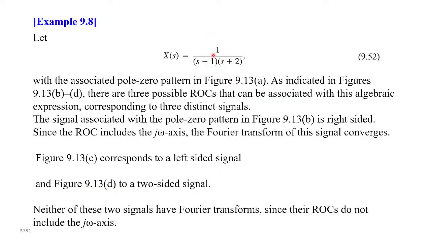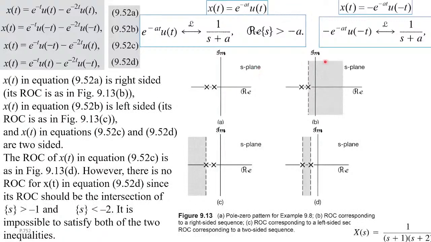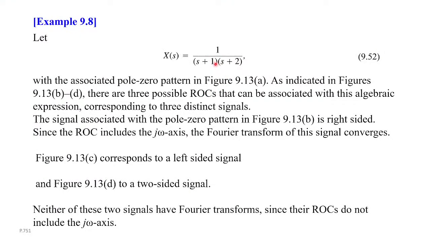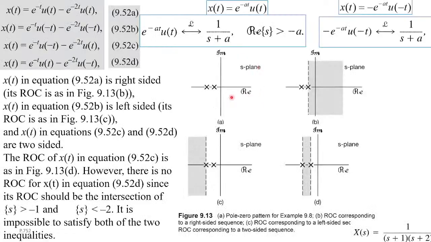So you can do partial fraction expansion of this thing. So it should be 1 over (s+1) minus 1 over (s+2). Anyway, this thing has two poles. We want to see the pole structure of this. So obviously this thing has two poles, the one at -1 and the one at -2.